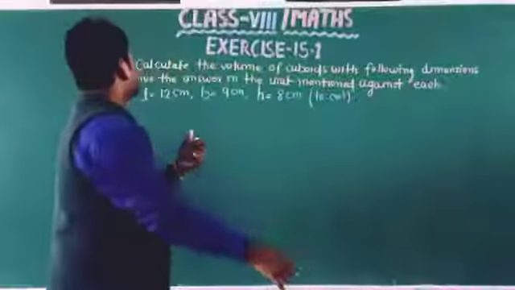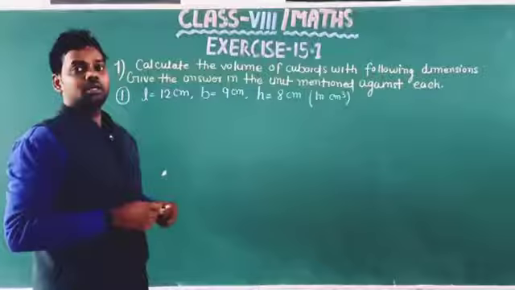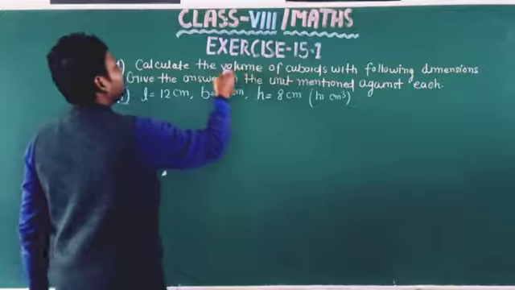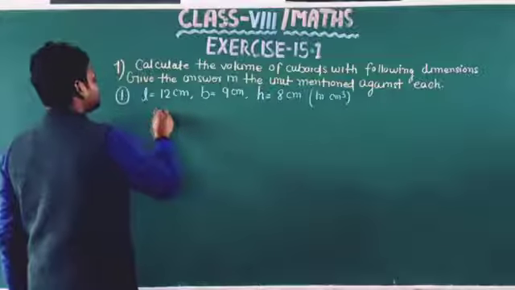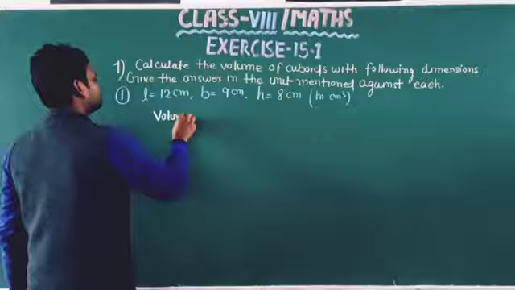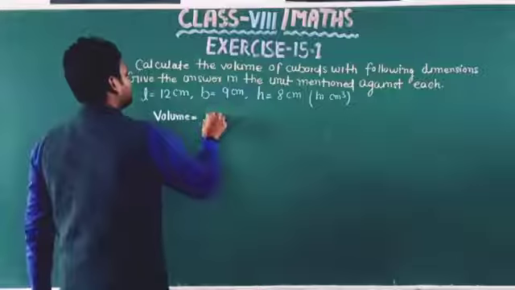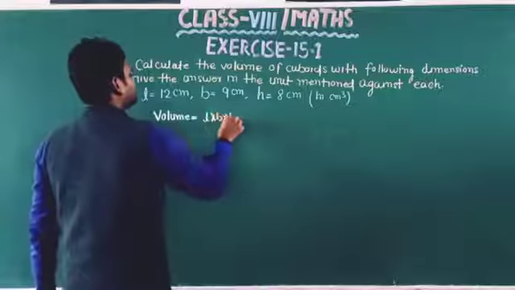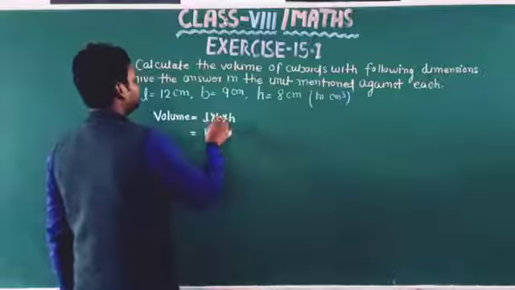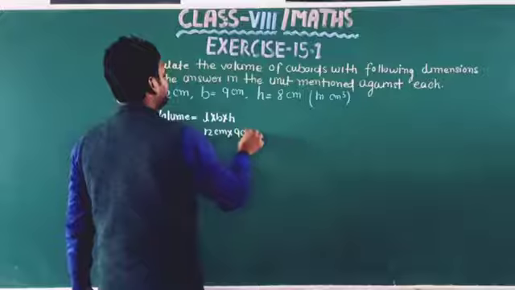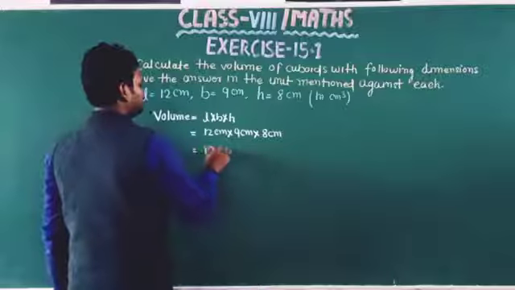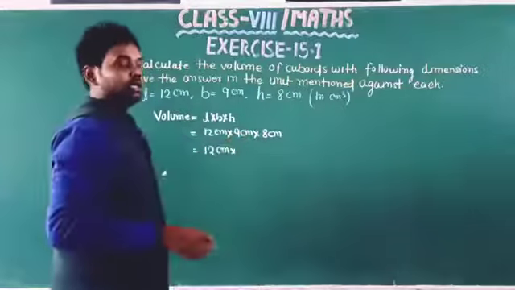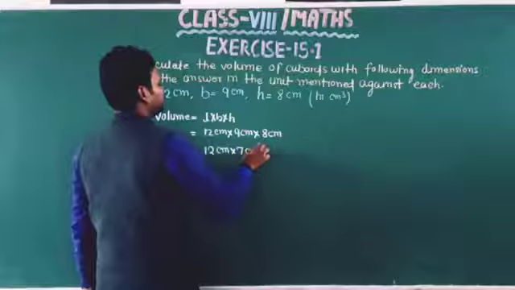So we know the formula of the volume occupied: length into breadth into height. So length is 12 centimeter into breadth is 9 centimeter into height is 8 centimeter. 12 centimeter into the product of 9 into 8, which is 72 centimeter square.